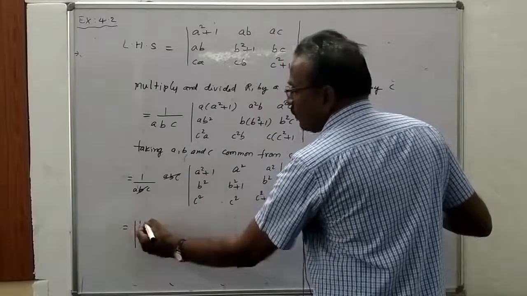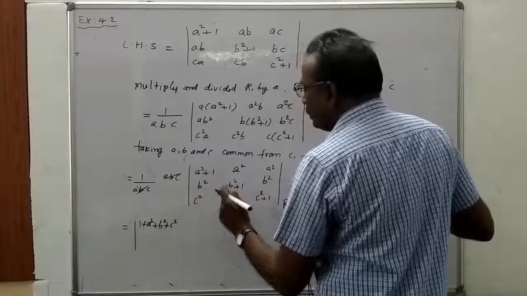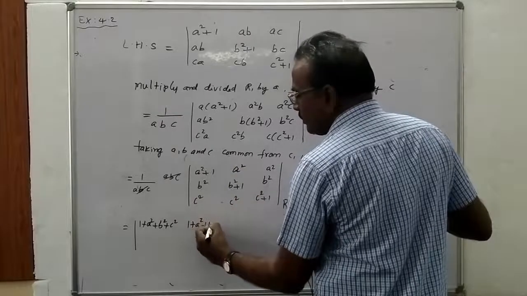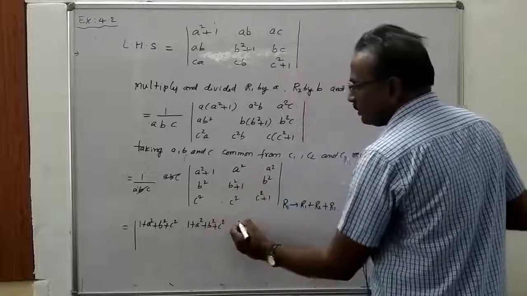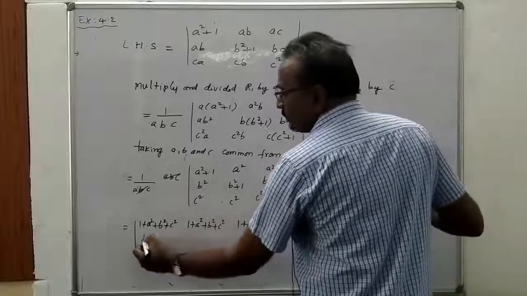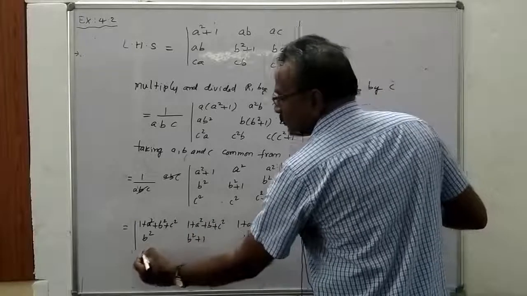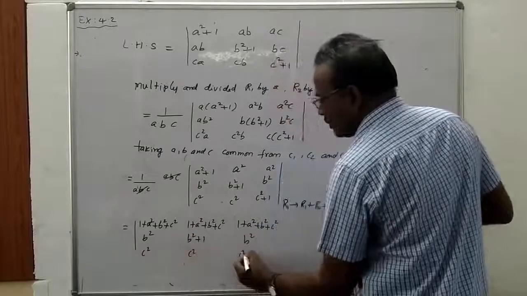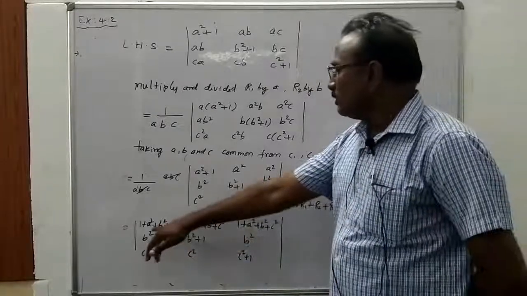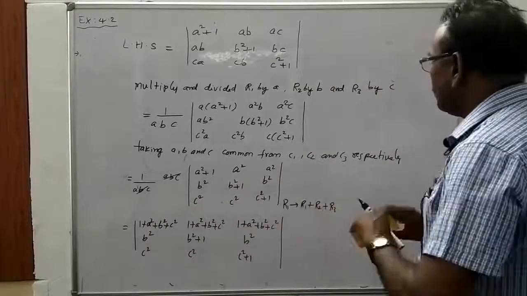The first row becomes 1 plus a square plus b square plus c square in each element, and the second row is the same, b square plus 1, b square, c square, and the third row c square, c square, c square plus 1. Observe the first row, each element is 1 plus a square plus b square plus c square, which is common, so take it outside the determinant.